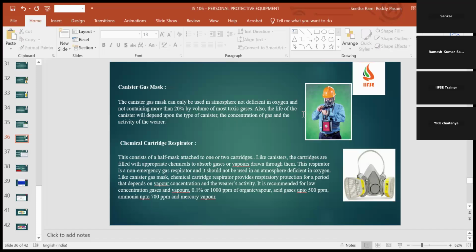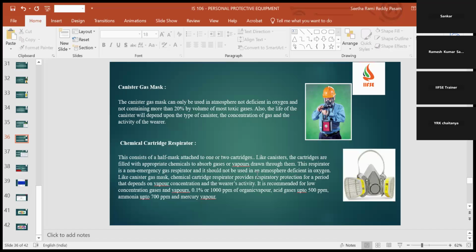The life of the canister will depend upon the type of canister, the concentration of the gas and the activity of the wearer. So these are the key parameters. Whenever you take any air purifying respirator, it depends on the concentration of the contaminated air or gas, the wearer demand, and the type of chemical.